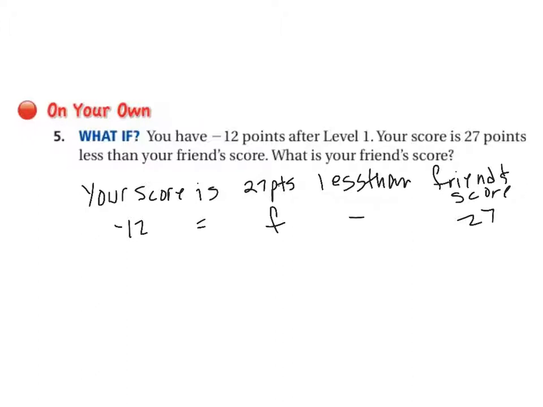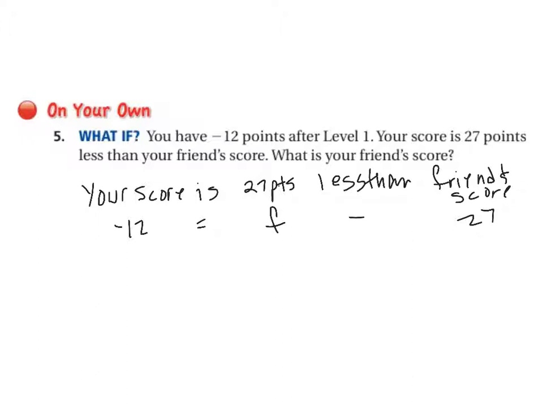So your score is negative 12. Is the equal sign. We're going to let F be your friend's score. Less than is minus, and your friend's score is 27. So we've written our equation. Negative 12 equals F minus 27.